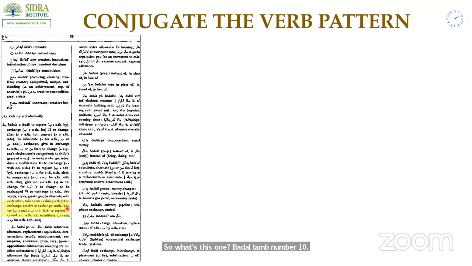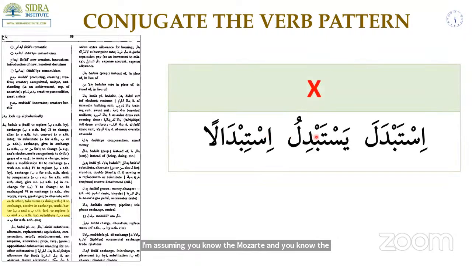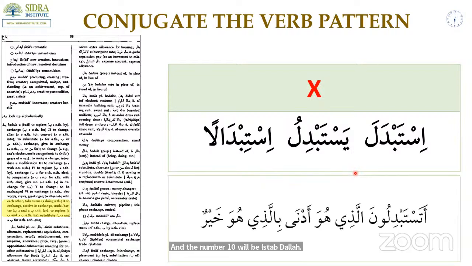Okay, so we got istabdala. Good. I'm assuming you know the mudari and the masdar as well. So istabdala yastabdilu istibdalan. So the answer sheet is just giving you the three, and number 10 will be istabdala yastabdilu istibdalan. And an example from the Quran: atastabdiluna alladhi huwa adna billadhi huwa khayr.